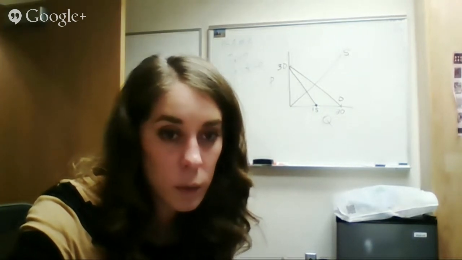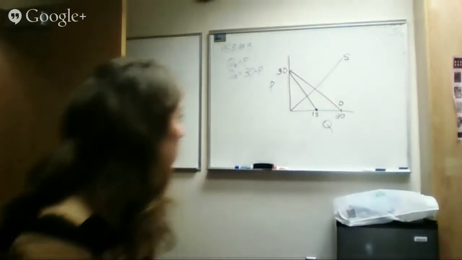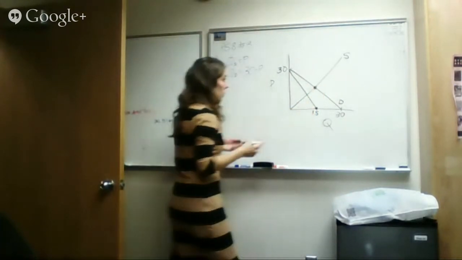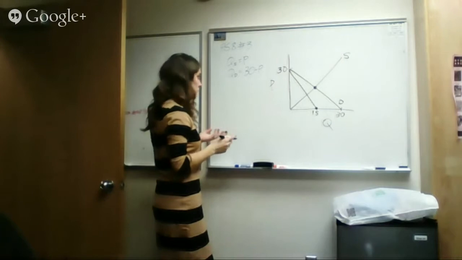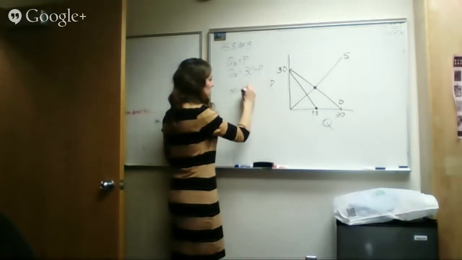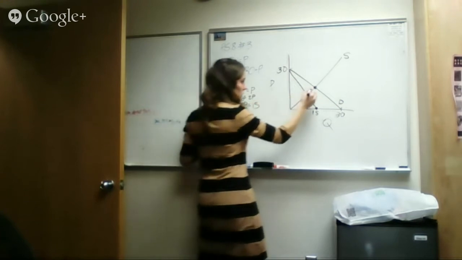Okay, what quantity will they sell? So to figure out what quantity they sell, we just solve for those two, which is when 30 minus P equals P, or 2P equals 30, so 15.